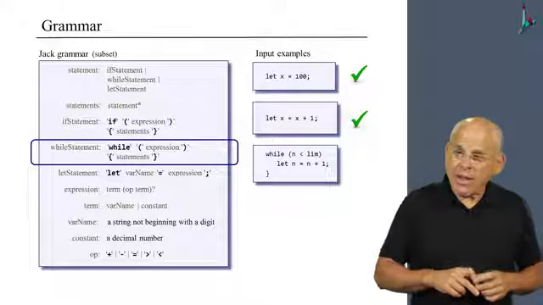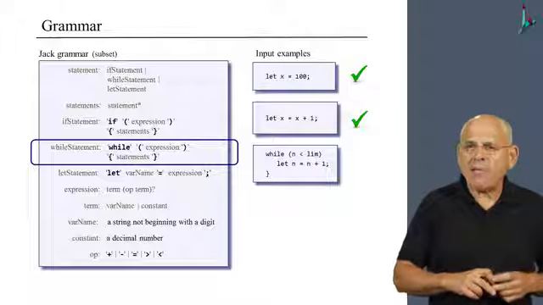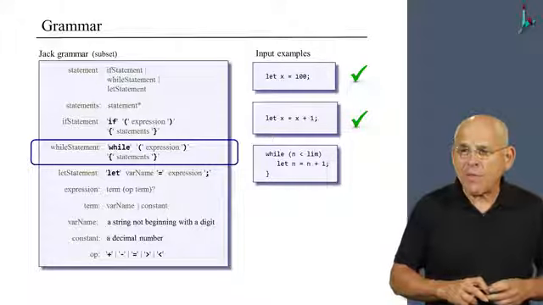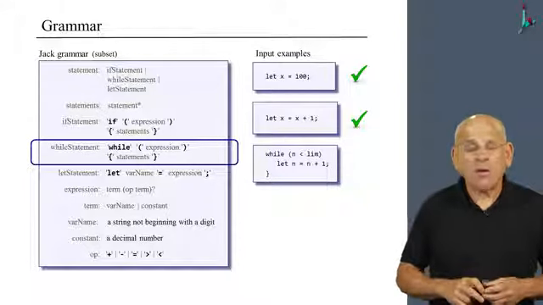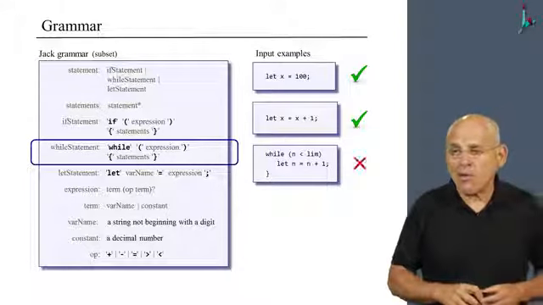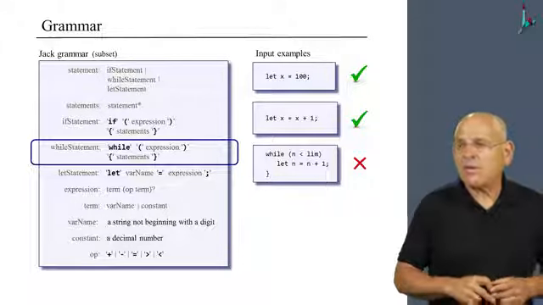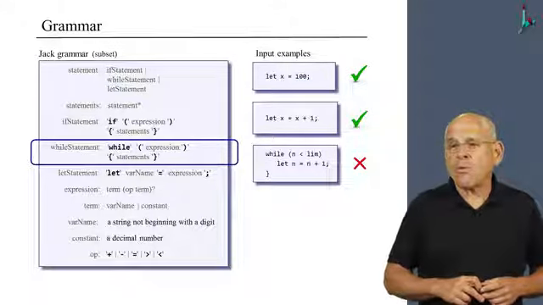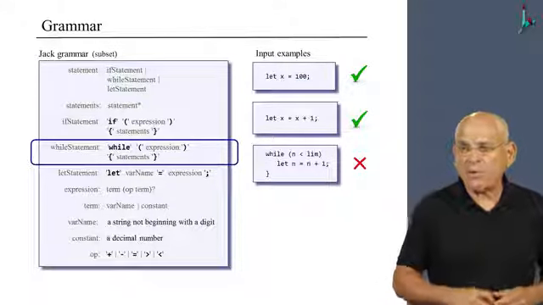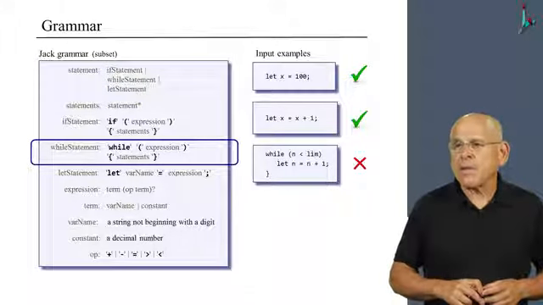Then we have a right parenthesis. Very nice indeed. And then we have to have a left curly bracket, which we don't have in the input. And that's where your compiler is going to throw an error message and tell you that you have a syntax error in your source code. All right, so here's an example of an input which is not acceptable by this grammar.